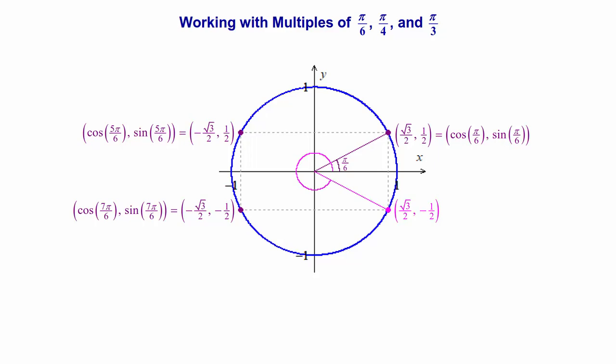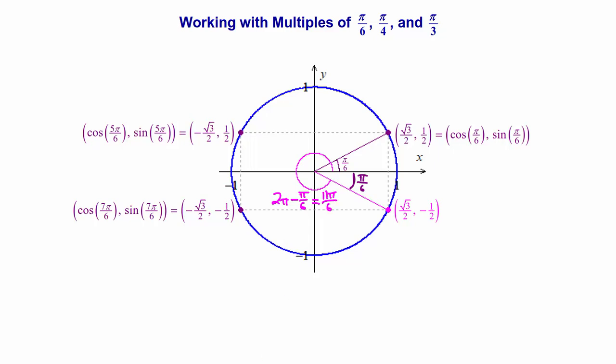Finally, moving into quadrant 4, figure out what angle this is. Well, what's left over after this pink rotation is an angle of measure pi over 6. And so the pink angle is a complete revolution, 2 pi radians, minus that pi over 6 that's left over. And if we do this computation, we get 11 pi over 6.